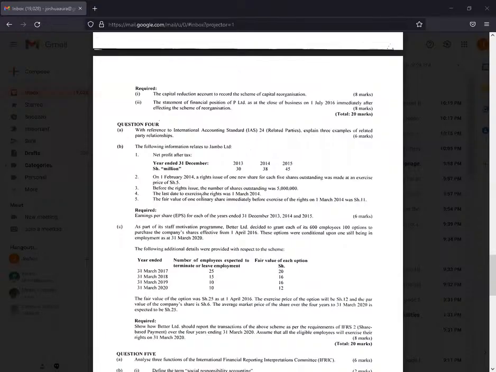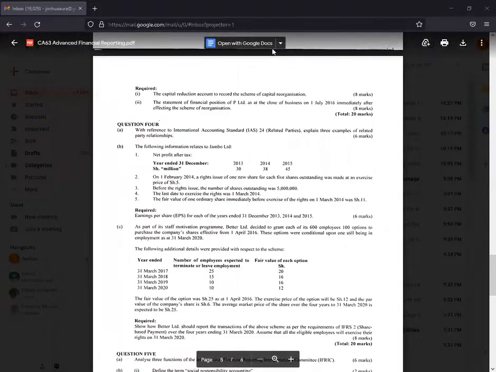Before the rights issue, the number of shares outstanding was 5 million. So all along, before the rights issue, we have been having 5 million shares. And then note number 4, the last date to exercise the rights issue was 1st March 2014. I told you to delete that statement. Note number 5, the fair value of 1 ordinary share immediately before. Ladies and gentlemen, before the rights issue, which took place in 2014, we've been having 5 million shares.